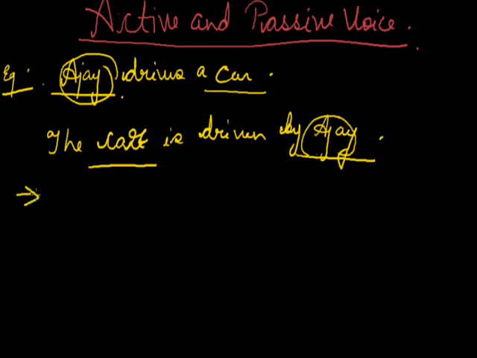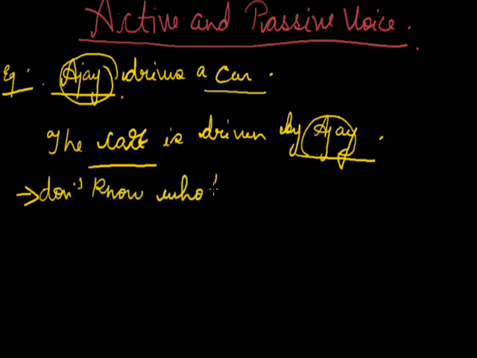Discussing a few points under it. It is usual practice to express action in the active voice, but the use of passive voice is recommended in these cases. The first case is if we do not know who has done the action.